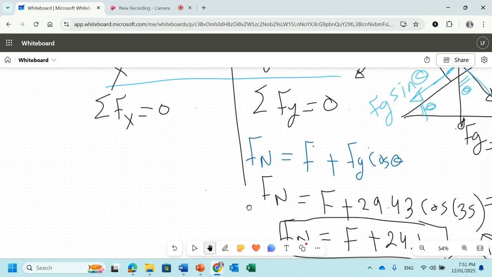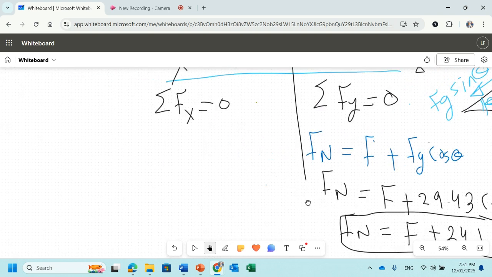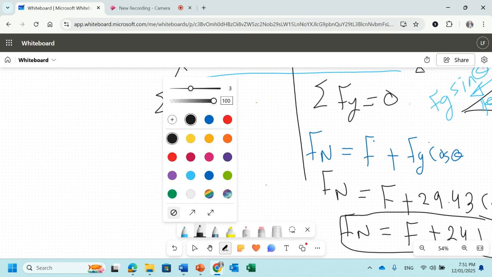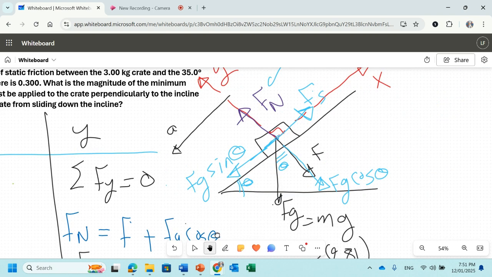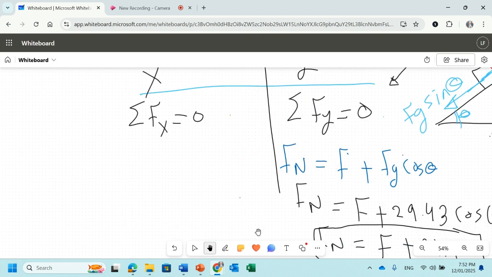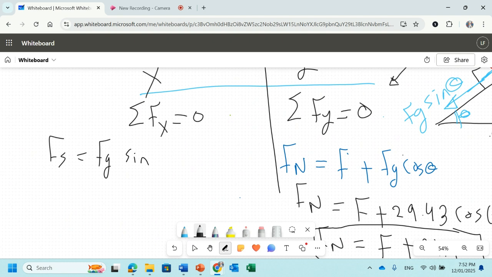Okay, let's go now to the X direction. Forces in X direction, if we look at the graph, we have Fs upward balanced with Fg sine theta. So Fs here equals Fg sine theta.